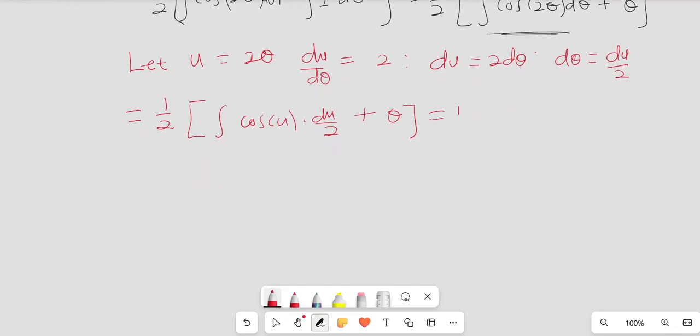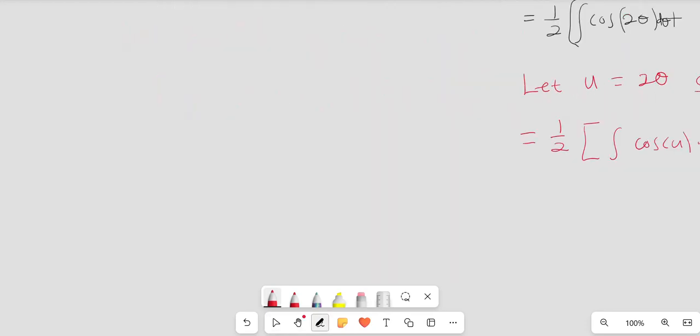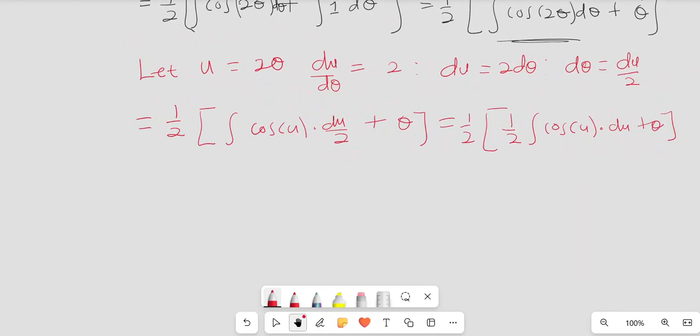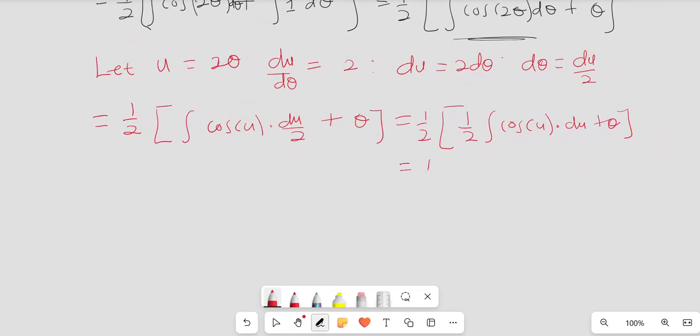So this simplifies to 1/2, which is a constant, and it comes in front of the integral. Then you are integrating cosine u in the u world, plus theta. This simplifies to 1/2 times 1/2, and the integral of cosine u is sine u, plus theta.